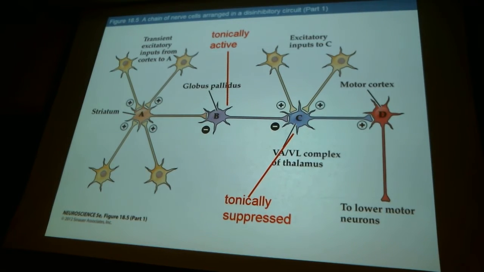So what happens if we shut off the globus pallidus? What happens to activity in the thalamus? It goes up. There's your disinhibition right there. So when is the striatum going to be active? Is it going to be more active or less active if it receives input from the cortex? More active.